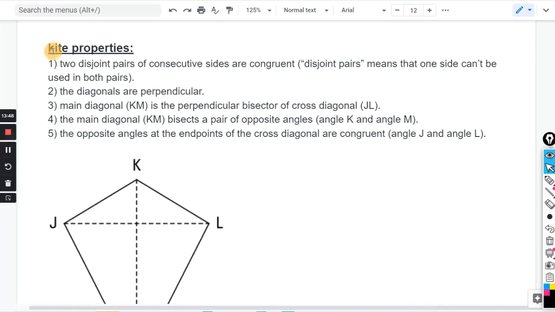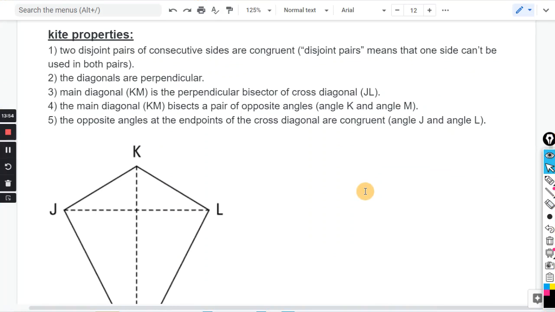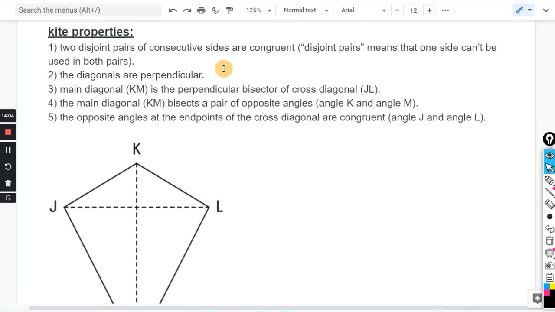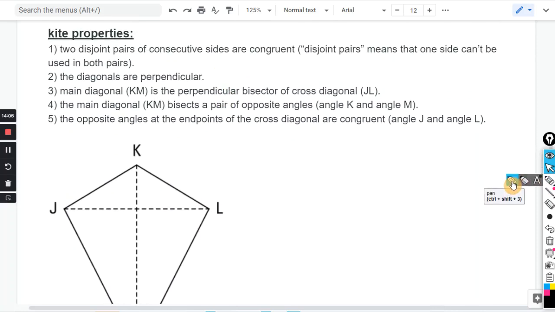All right, so I posted these kite properties on my Google document. 2 disjoint pairs of consecutive sides are congruent. Disjoint pairs means that one side can't be used in both pairs. All right, so we established that already, that this side matches this side, and that side matches that side.